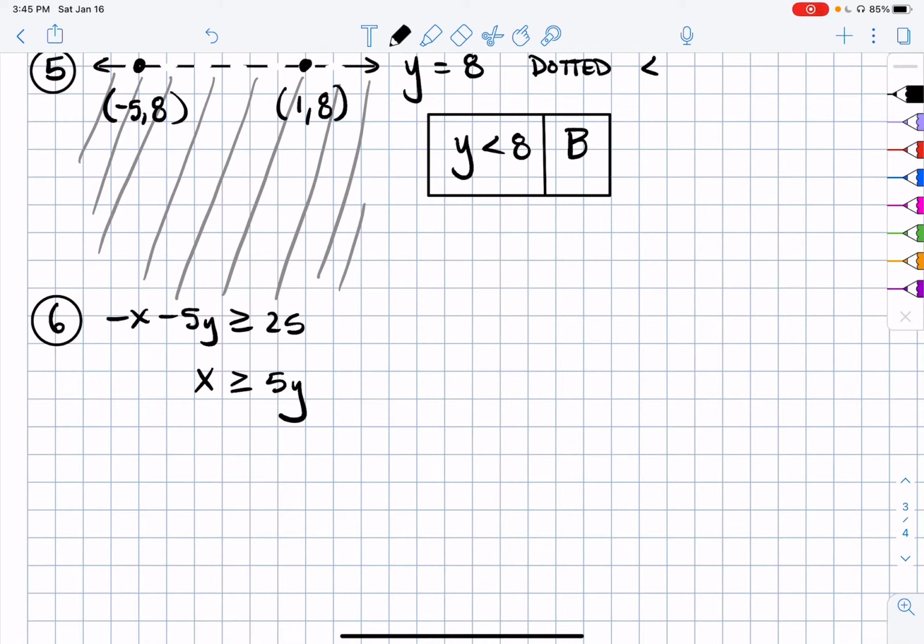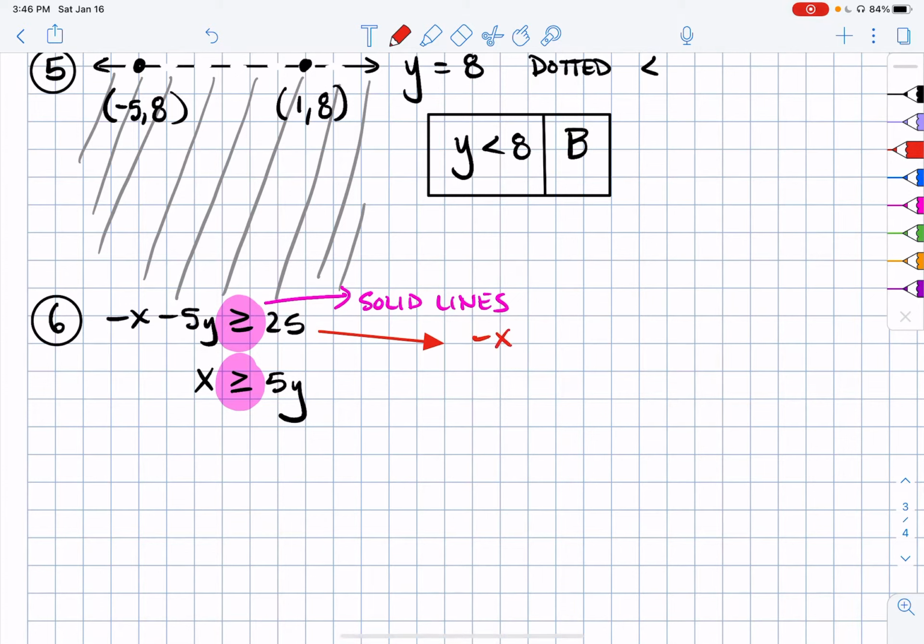Okay. So what I noticed is that both of these tell me it is going to be solid lines, right? All right, so both of them are awesome. So now I'm going to take this equation right here and solve for y.